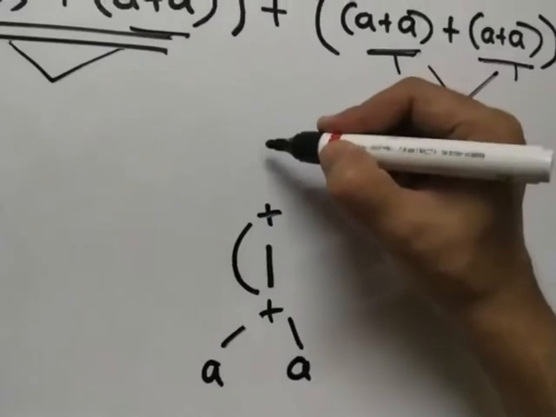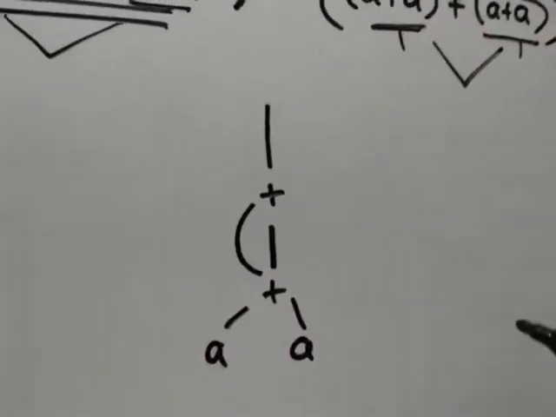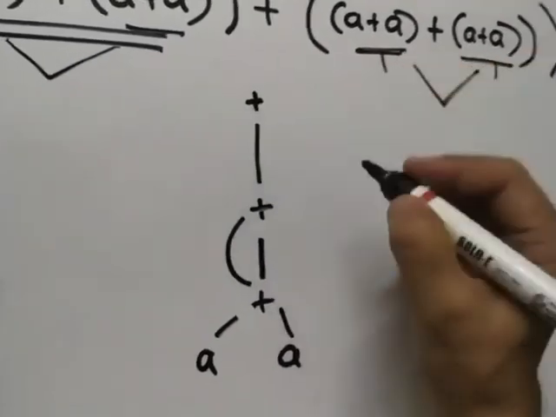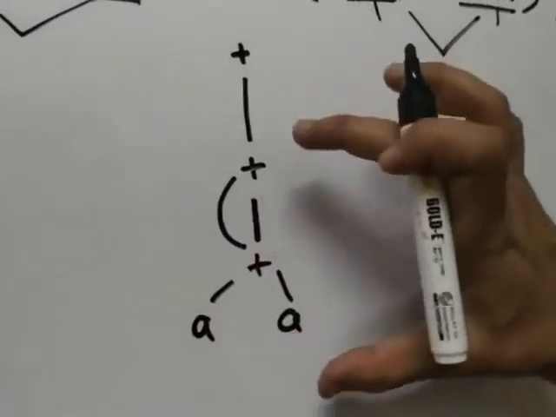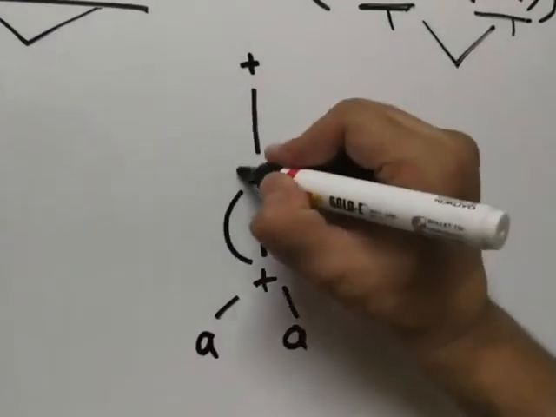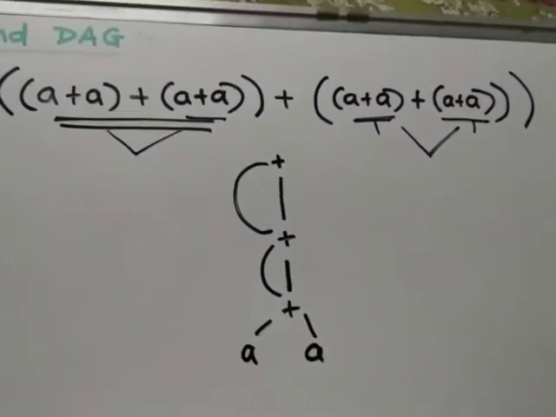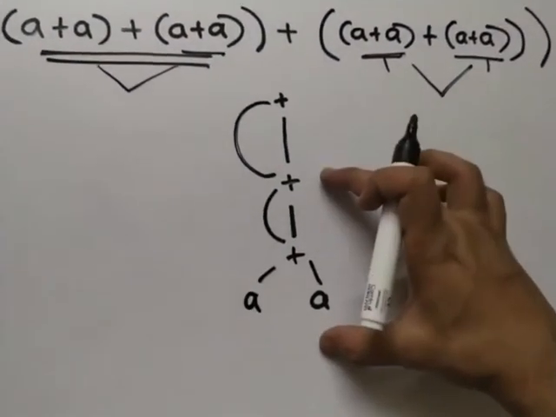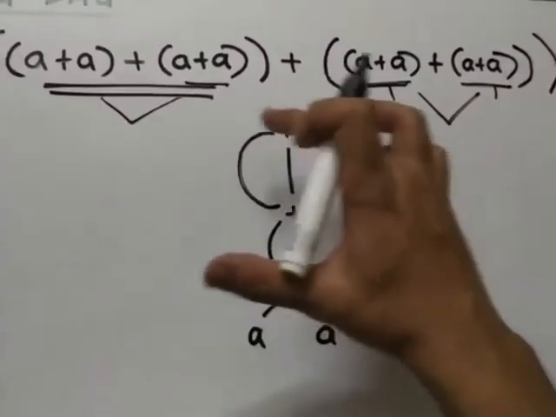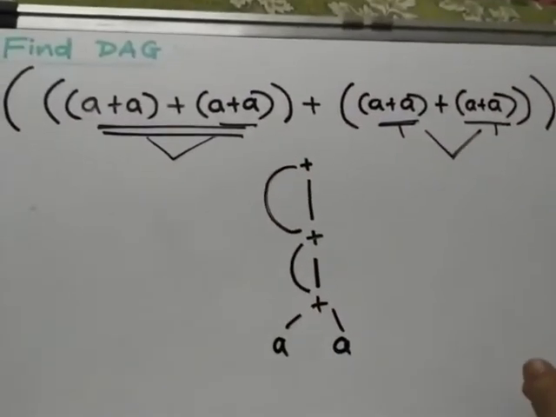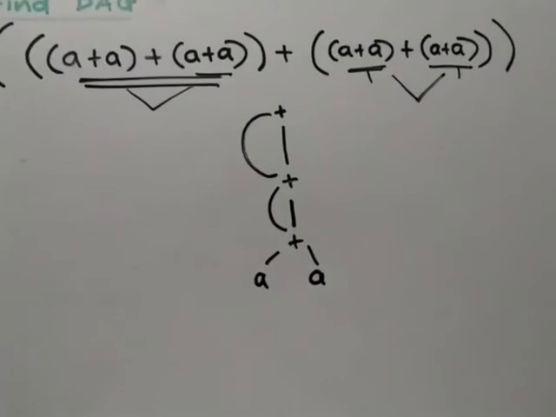So simply draw one more edge, it is addition, and this entire part is again added with itself. So by doing this we have added the A plus A plus A plus A with itself. So this is the DAG for the given expression.